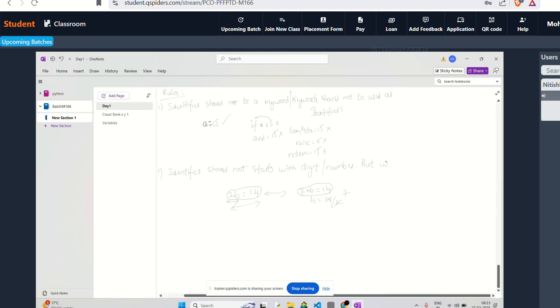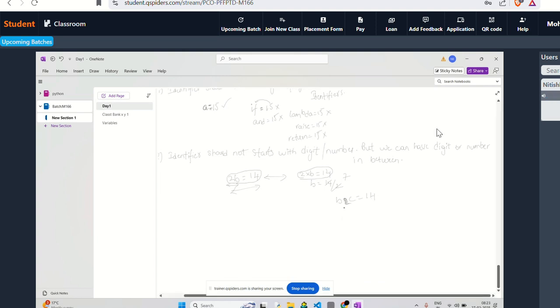Yeah, but we can have number in between. I can have like this, in the middle. In the middle in the sense not exactly at the middle, anywhere.